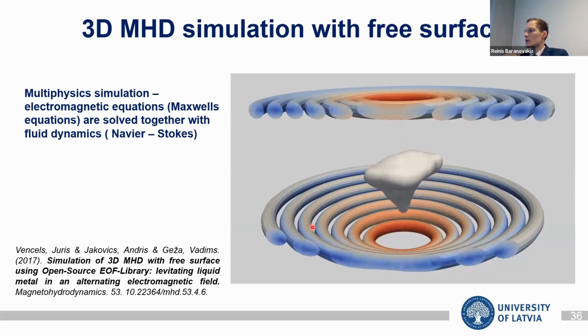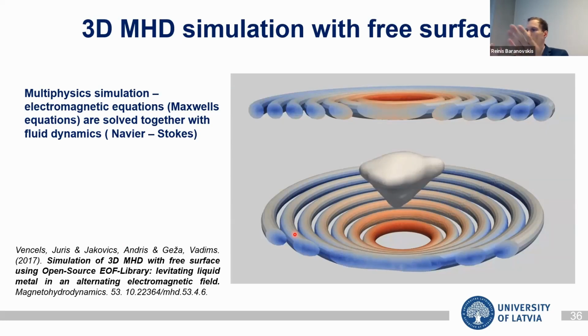My colleagues from the University of Latvia have also dealt with modeling these levitation problems. To model this, you have to both solve electromagnetic equations, meaning Maxwell equations, and also solve Navier-Stokes equations for fluid mechanics.